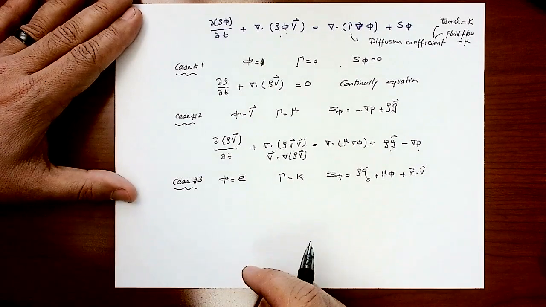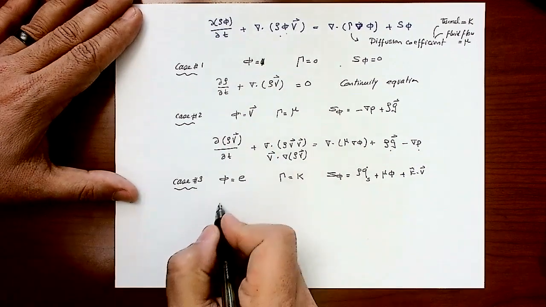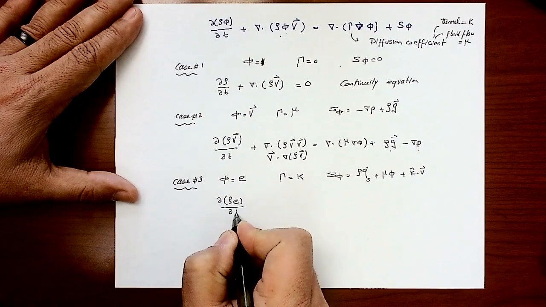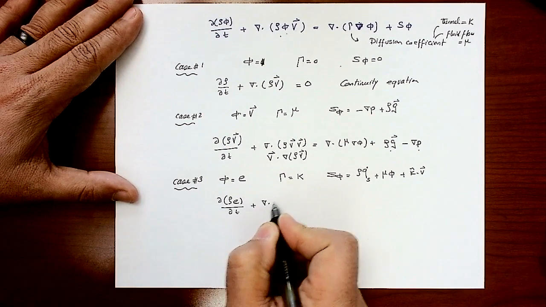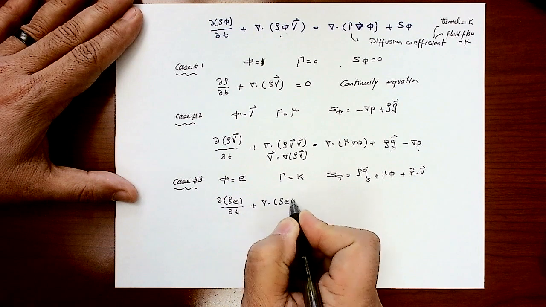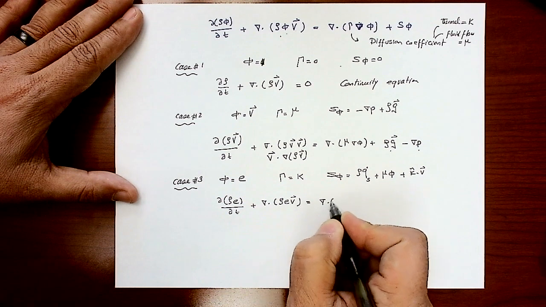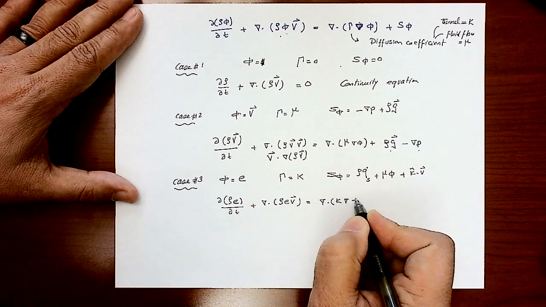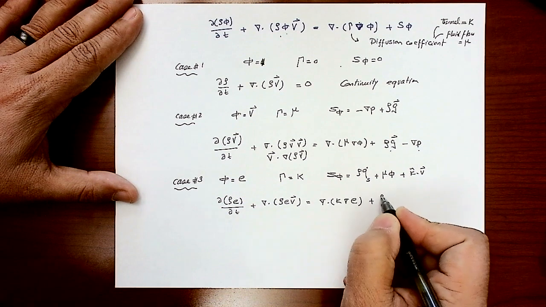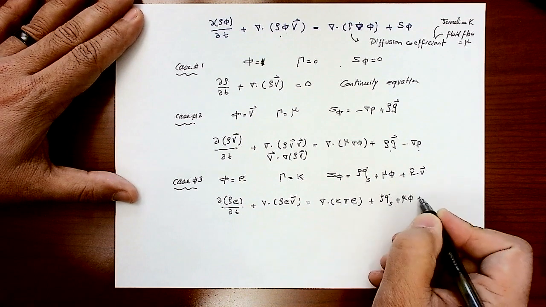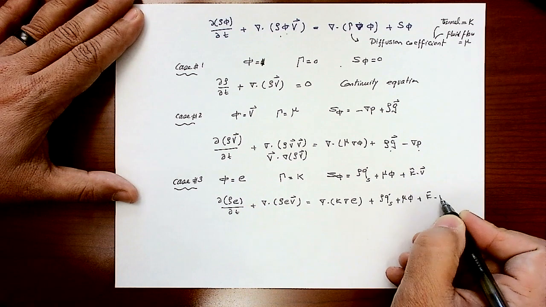Let's substitute: partial rho E by partial t plus nabla dot rho E v equal to nabla dot K nabla E plus rho Q plus mu phi plus the body force term.